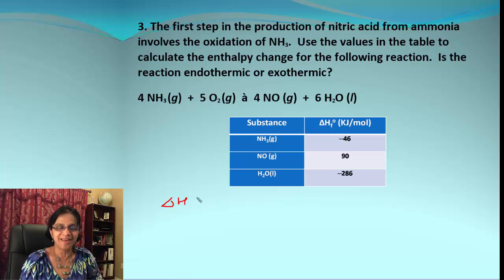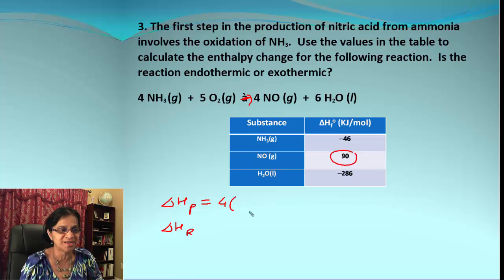So here we begin. We need to get delta H for products and delta H for reactants. The products are 4 moles of NO, and NO delta H for formation is 90. And then the next one is water molecules, that is 6 moles.